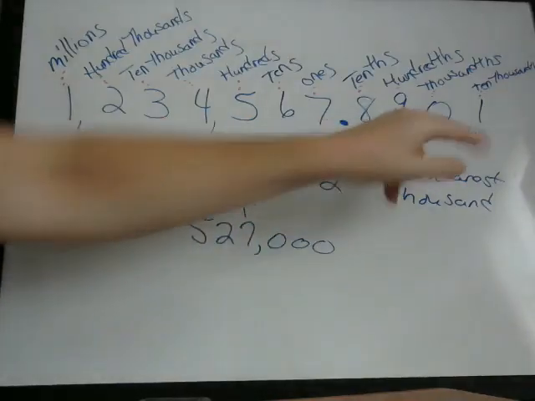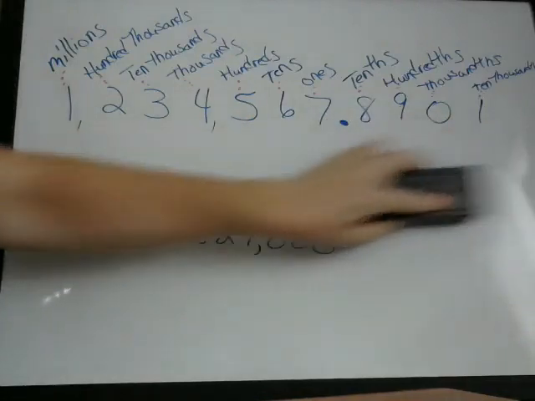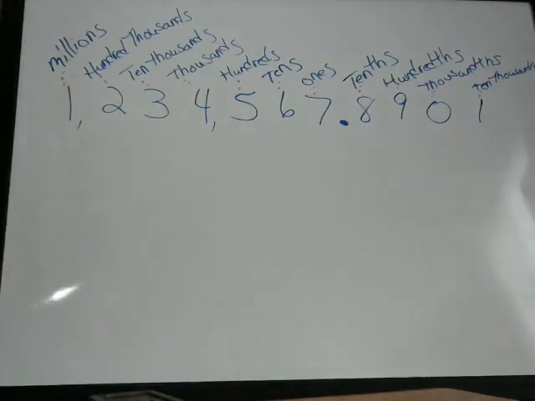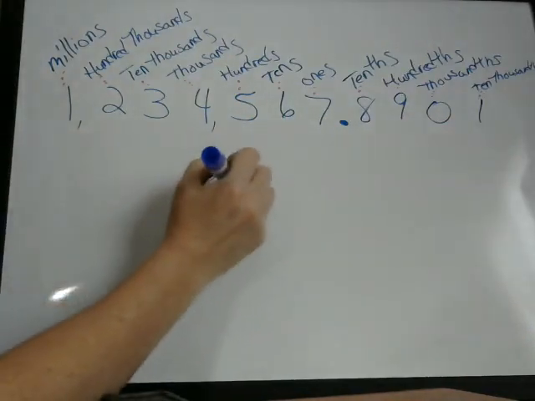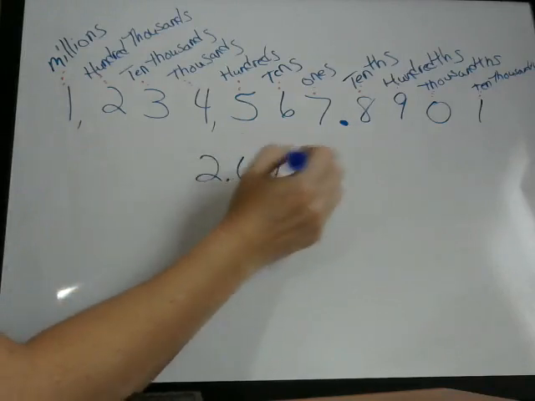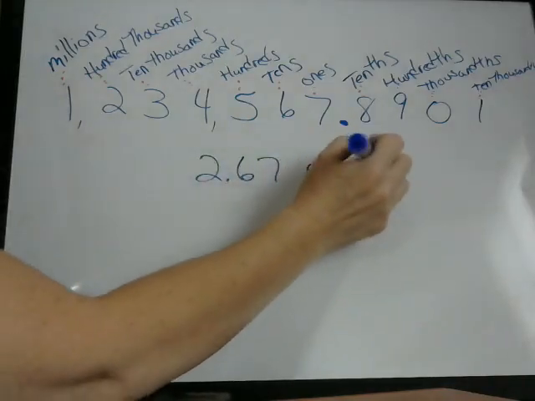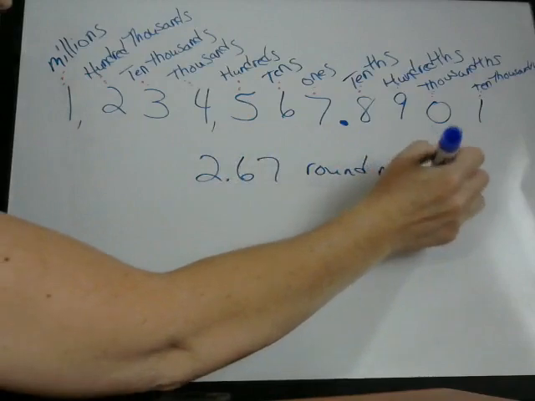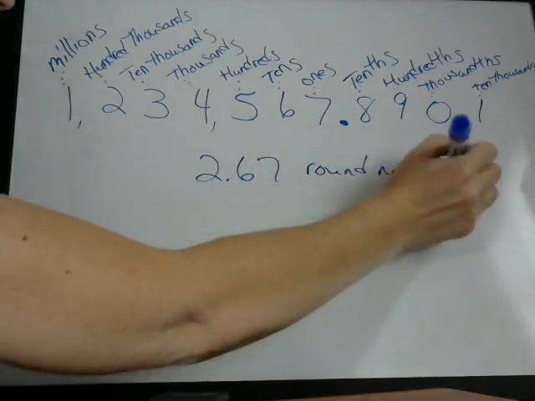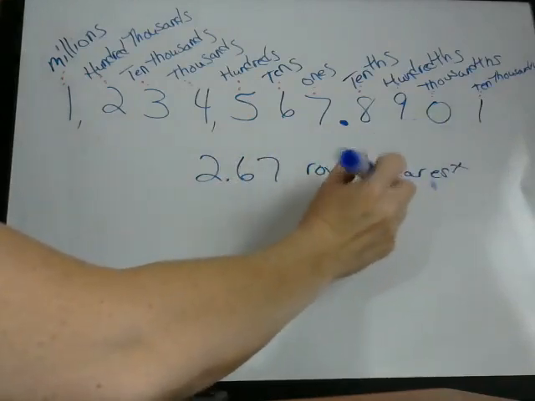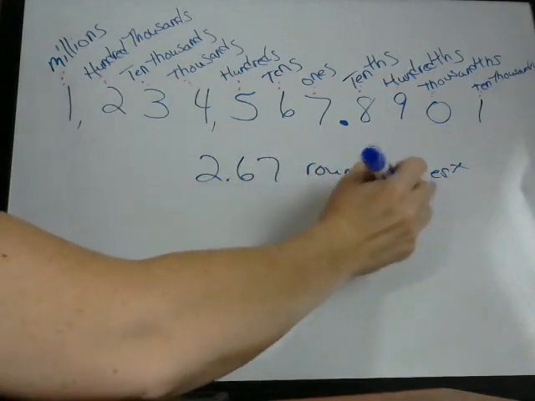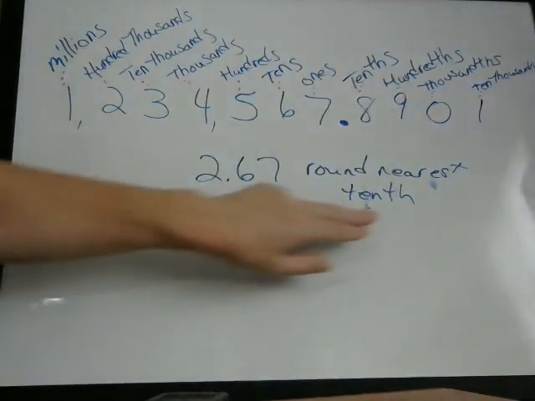So now it's the same thing when we get on the other side of the decimal. Let's say we had 2.67, and you're going to round to the nearest tenth. Okay?